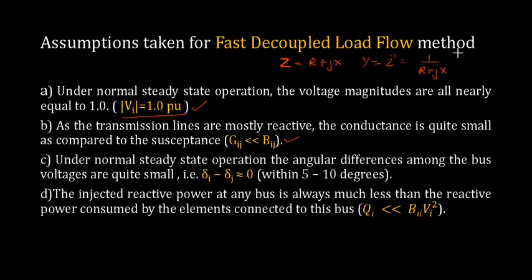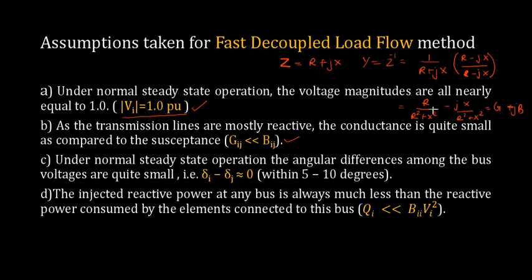When you multiply by R minus jX, what you get is R divided by R square plus X square, minus jX divided by R square plus X square. So this is G plus jB.